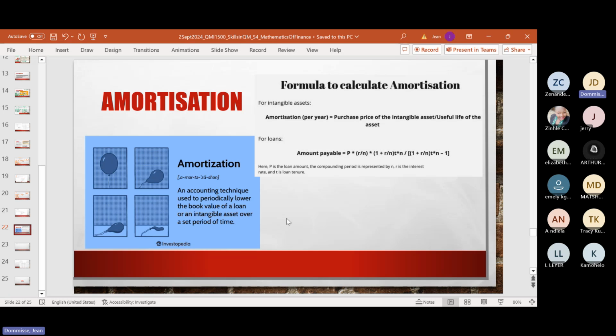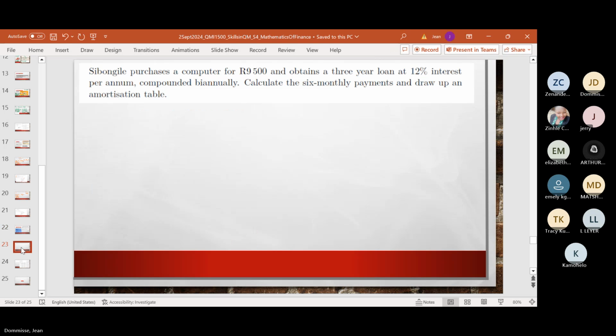Again, there is a formula that we can use with that. We will also be able to use that formula in your assignment. That formula I have added to the formula sheet, so it is in there, and you can use the formula sheet again.